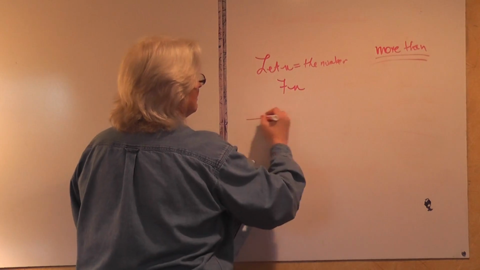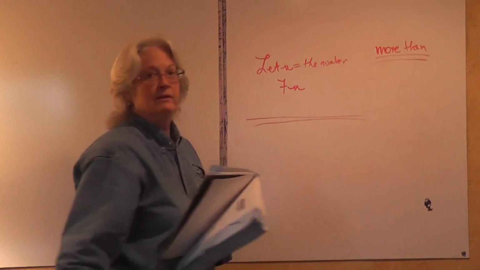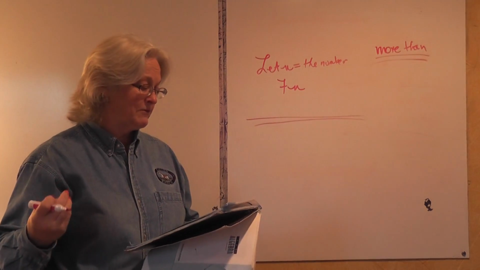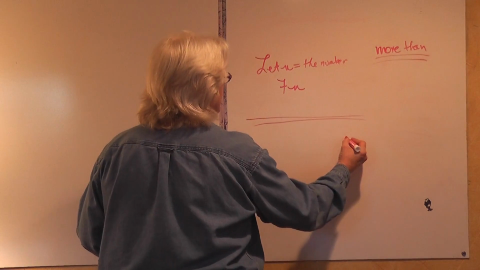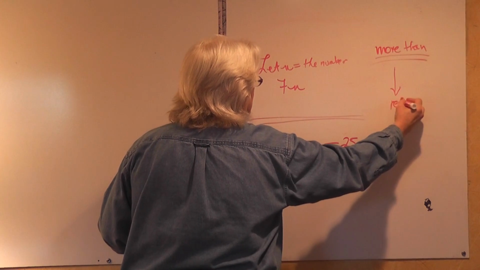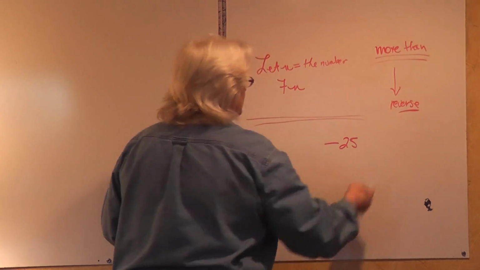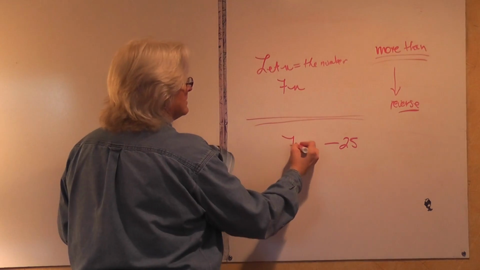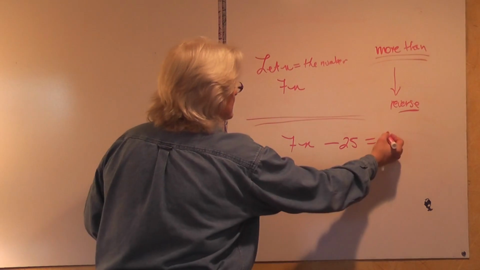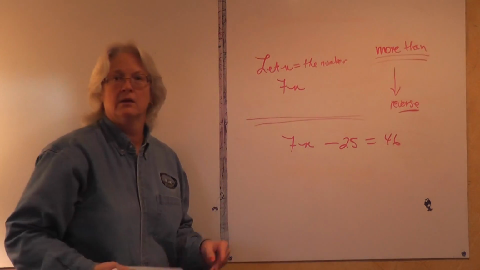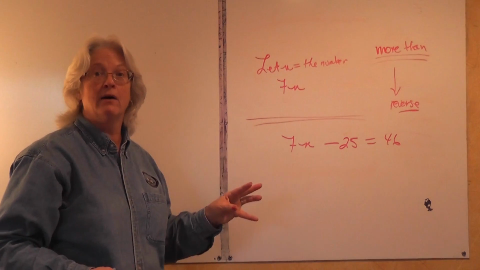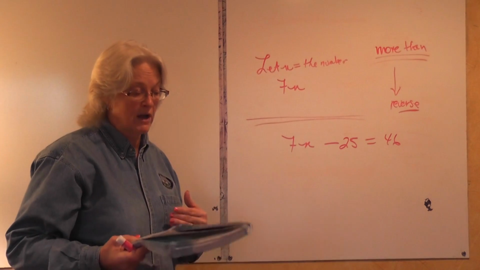So we also have 7n that we're going to deal with. Now let's go ahead and write our equation. 25 more than, so I'm going to go in reverse. 25 more than 7 times a number is 46. If that doesn't make sense, pause the video, look back, get your pencil out, and make sure that you can track along with me.